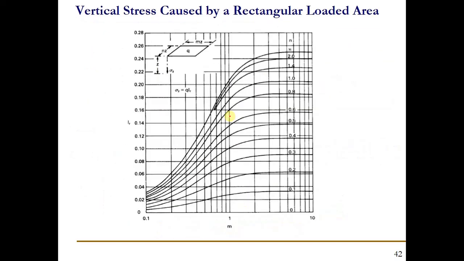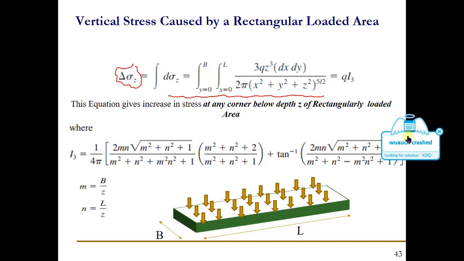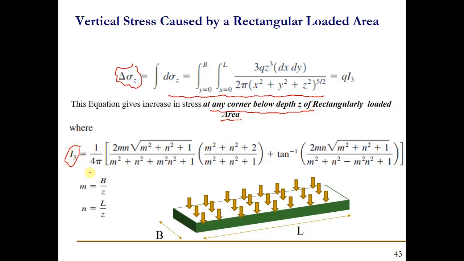We can use this figure as well, and you can use these complicated and lengthier equations to find out the stress increase beneath the rectangularly loaded area at any corner below depth Z of the rectangularly loaded area. You can see here that the influence factor can be found out from the M and N values.